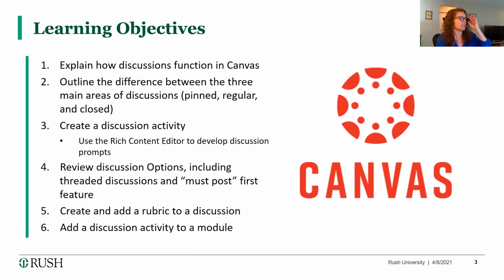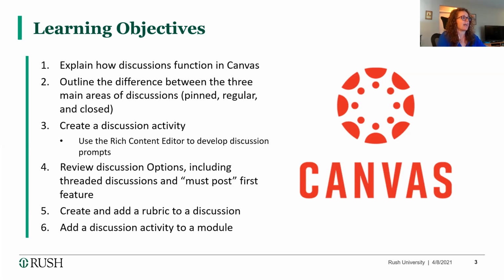So today's learning objectives: we'll explain how discussions function in Canvas. I'll outline the difference between the three main areas of the discussion page, and this will make more sense once we're in there. Those are pinned discussions, regular discussions, and closed discussions.